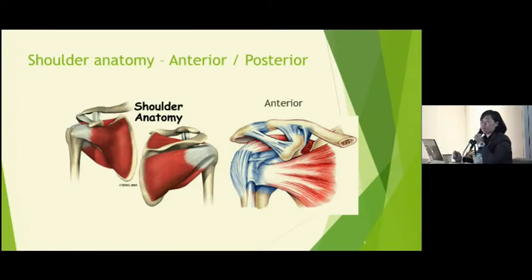Just recently I treated a patient who came from Australia. He had both shoulder operations done and one arthroplasty, because he had been seen by sports surgeons.